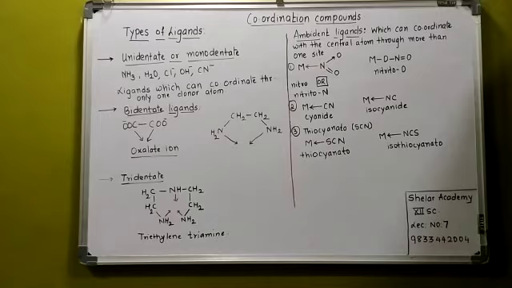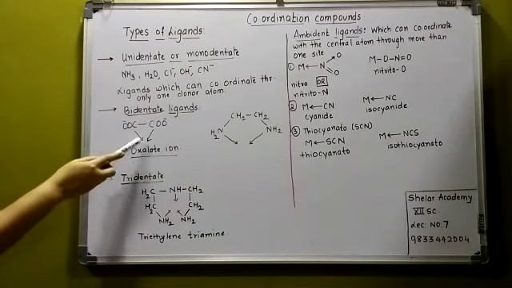Now we proceed with the bidentate ligands. Bi means two, so how many donor sites will there be? Two. See, I have represented there by an arrow the ligands which have two donor atoms and therefore they can coordinate in two opposite positions. They are called didentate or bidentate.